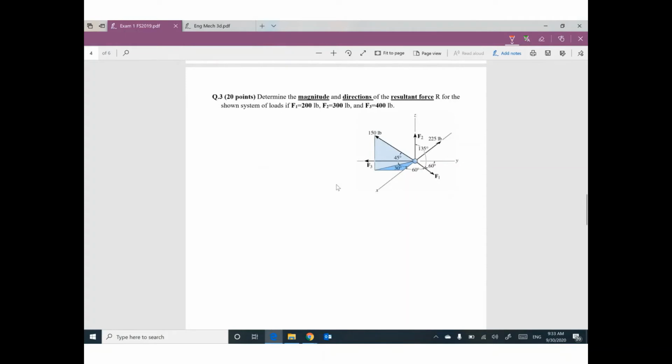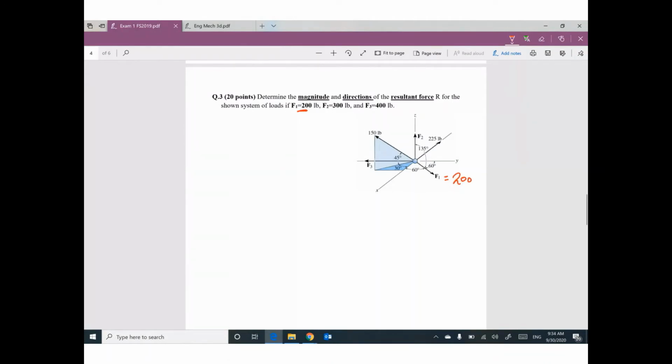We have many forces. We have F1. How much? 200. Guys, you need to read your problem and read your figure. You have to put your data on the figure to be familiar with everything. We have F2.